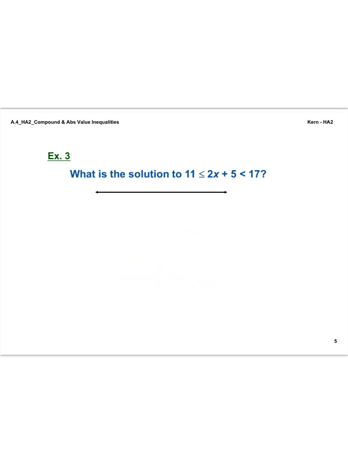All right, see if you can figure this one out on your own. I'm gonna subtract 5 all across the board. So now I have 6 is less than or equal to 2x is less than 12. And then I'm going to divide everything by 2. So now I have 3 is less than or equal to x is less than 6.